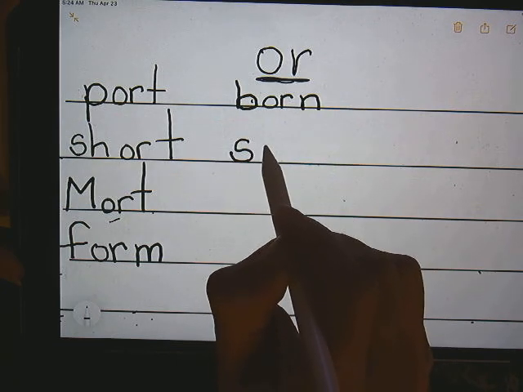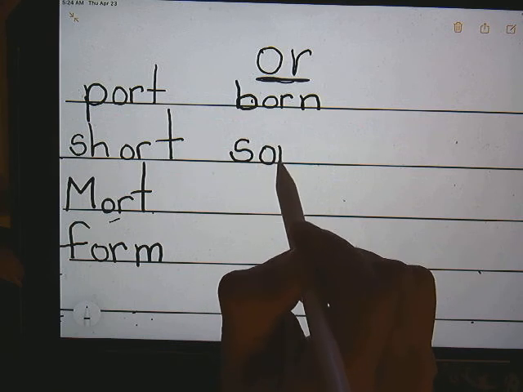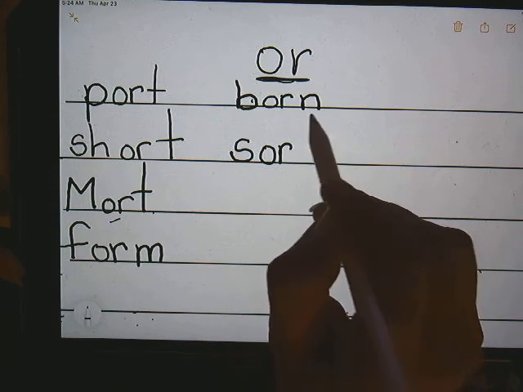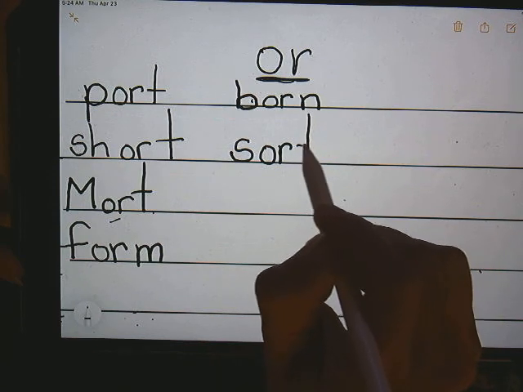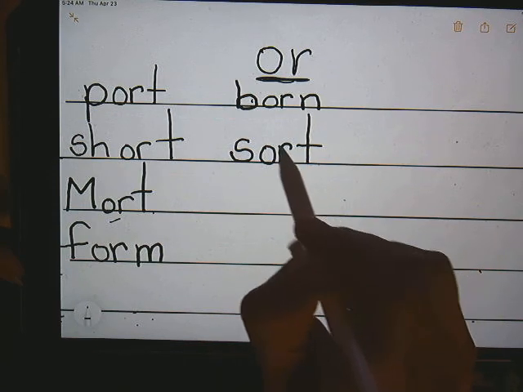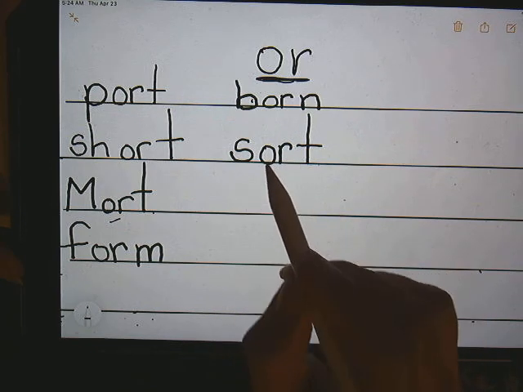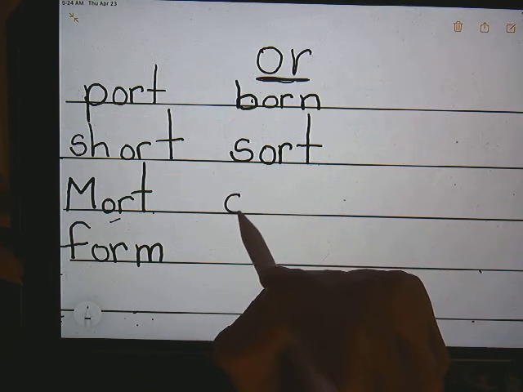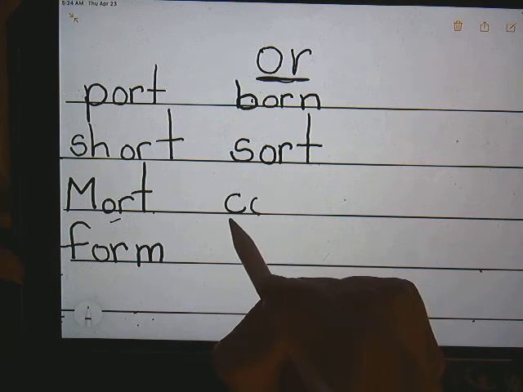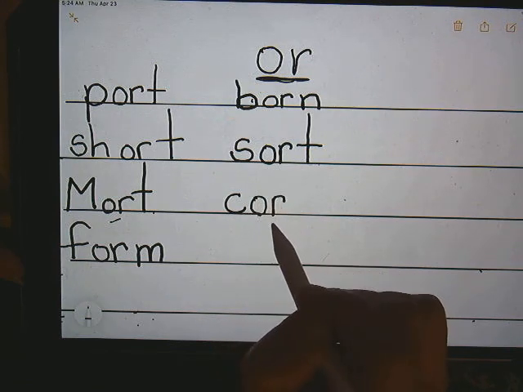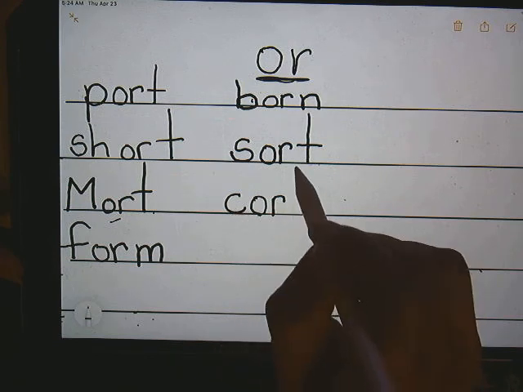Sound s. Sound or, blend sore. Sound t, blend sore, word sort. Sound k. Sound or, blend core.